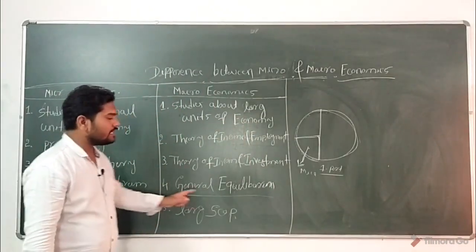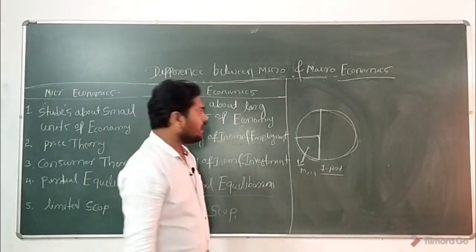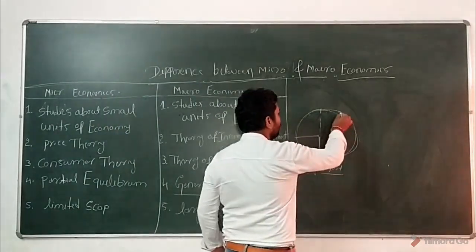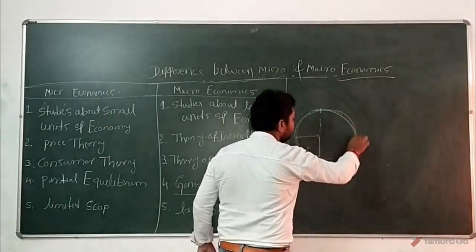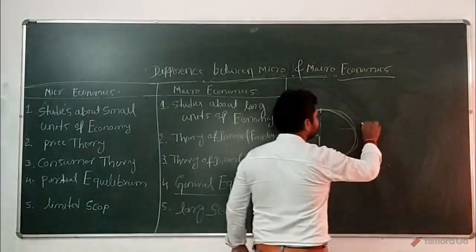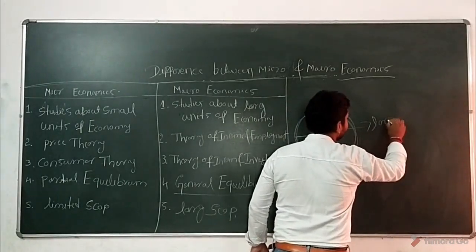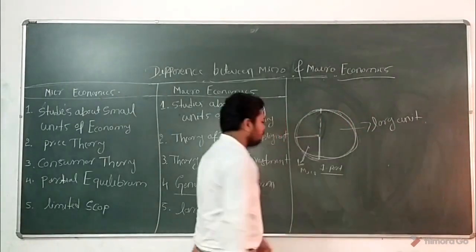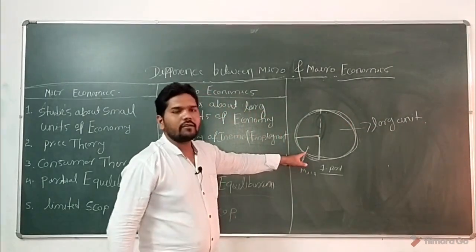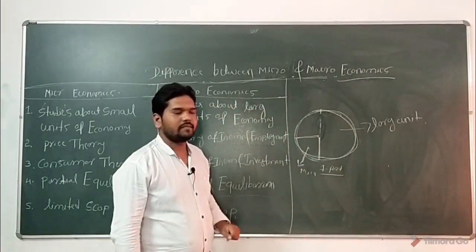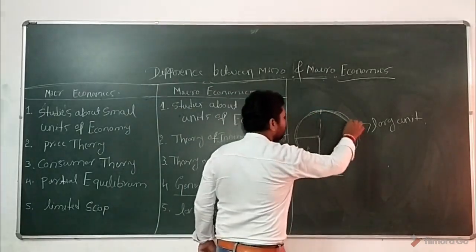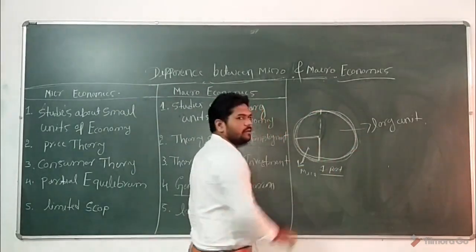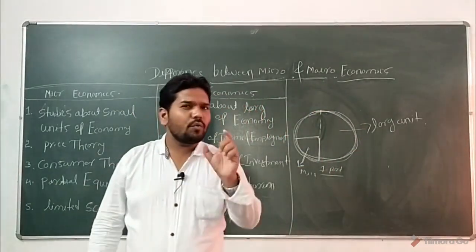Macroeconomics is general equilibrium. Macroeconomics studies the overall economy, that's why it deals with large units. Macroeconomics studies the overall economy, but microeconomics studies only one part.